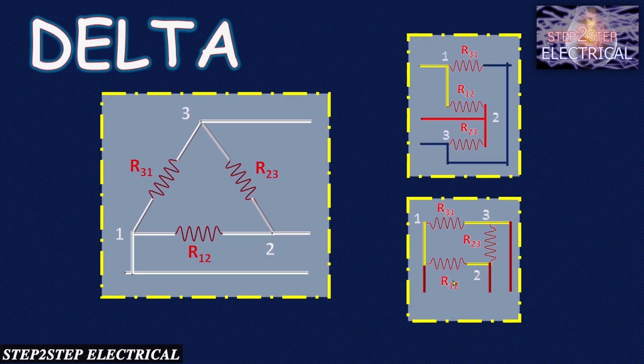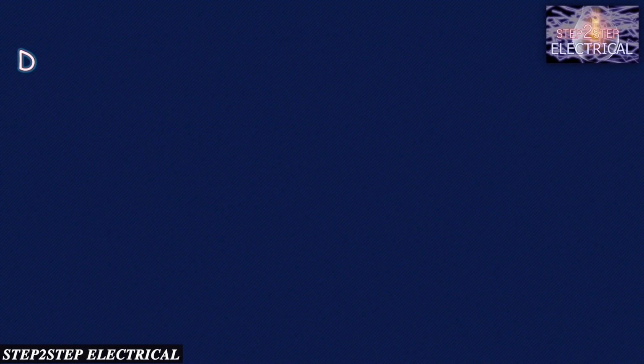So it is again in delta. So this is all about a delta arrangement of resistors. Don't be confused, by observing all these figures you can easily recognize whether the given circuits are arranged in star or delta or not.